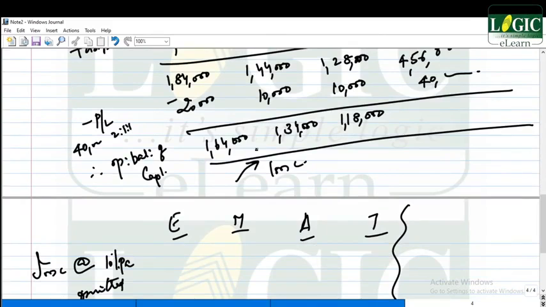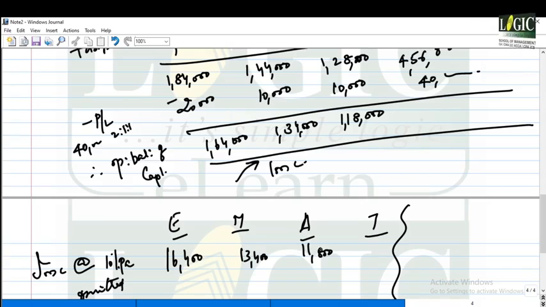On 1,64,000, that is 16,400; on 1,34,000, 13,400; on 1,18,000, 11,800. So totally it comes to 16,400 plus 13,400 plus 11,800, which is 41,600.